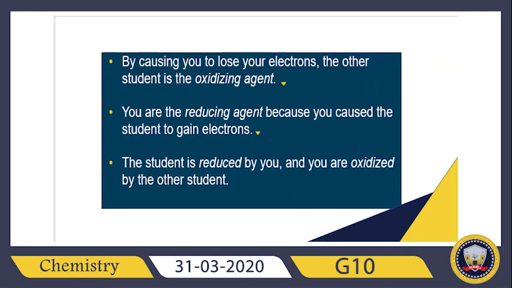Hussam, right? And that's why Hussam is considered the oxidizing agent, because he caused you to become oxidized, while Bilal is the reducing agent. Why? Because he caused Hussam to gain the electrons. So the student is reduced by you and you are oxidized by the other student.